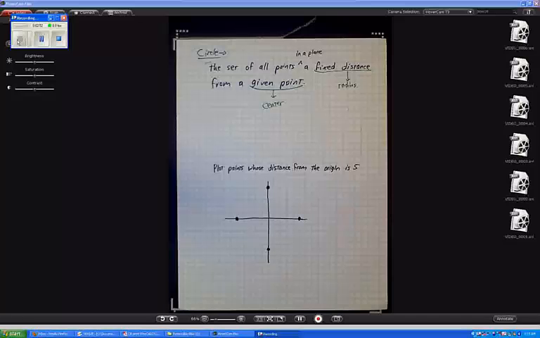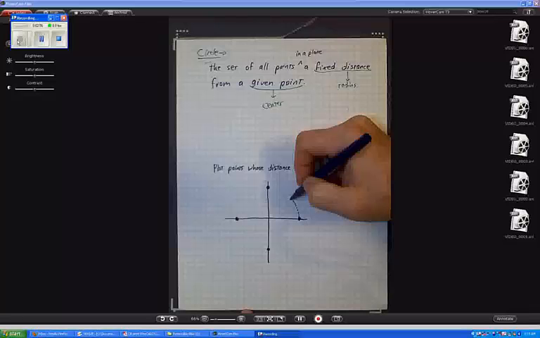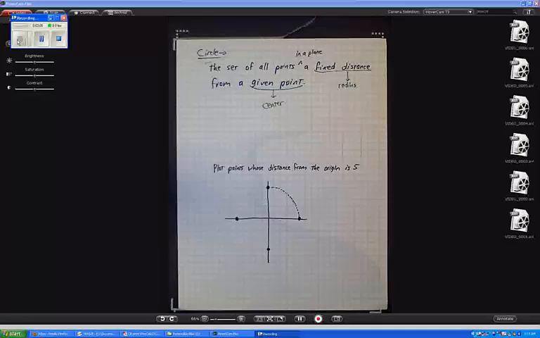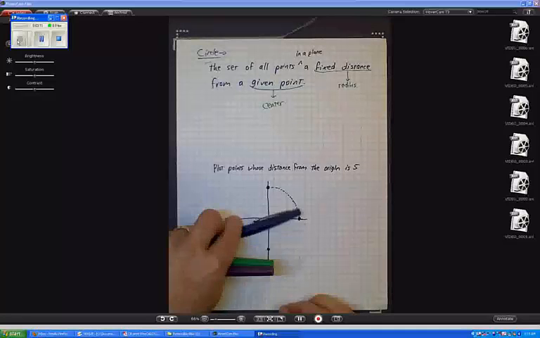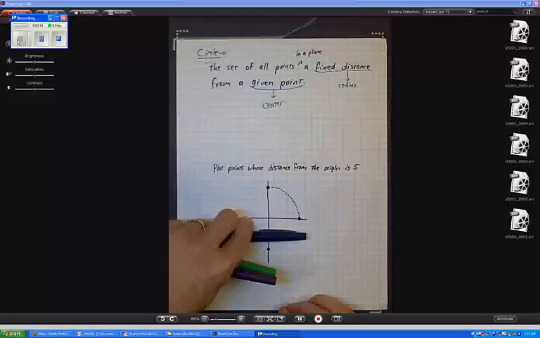I saw people drawing these nice circular arcs and said, well, any one of those points, if I'm right, would be the same distance away from the origin that 5, 0, and 0, 5 are. Do you see that there's going to be infinitely many solutions?